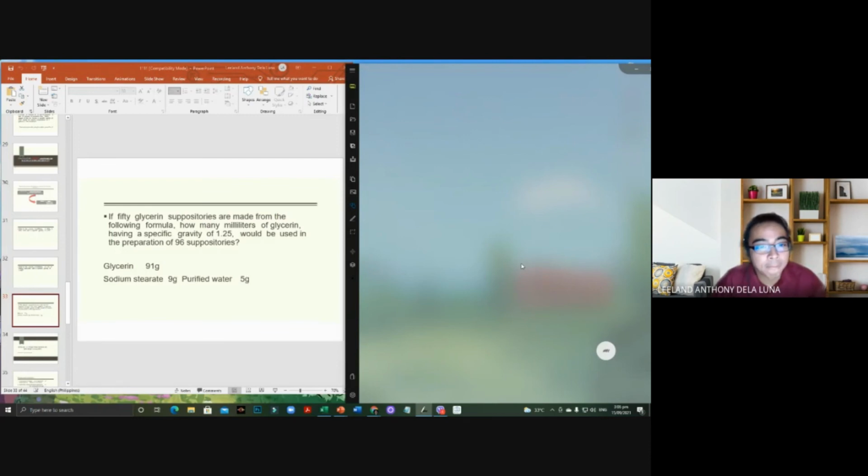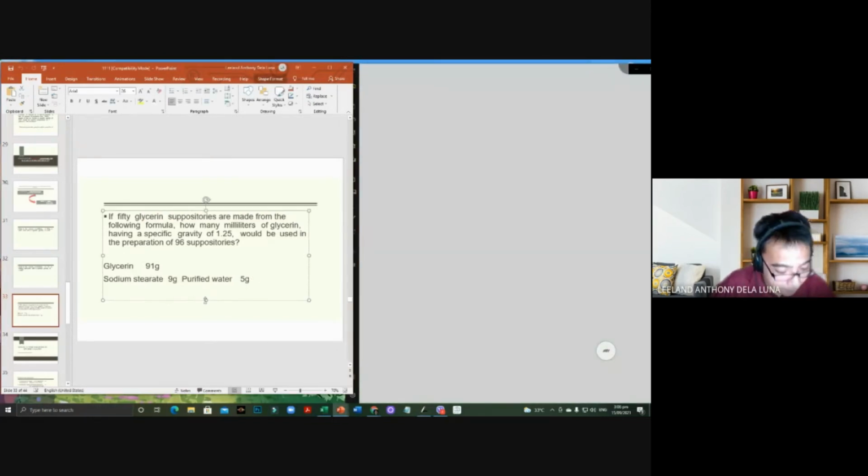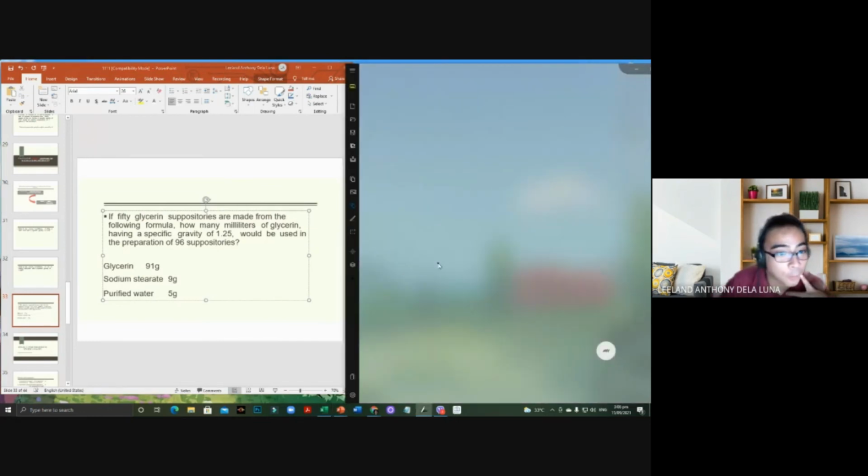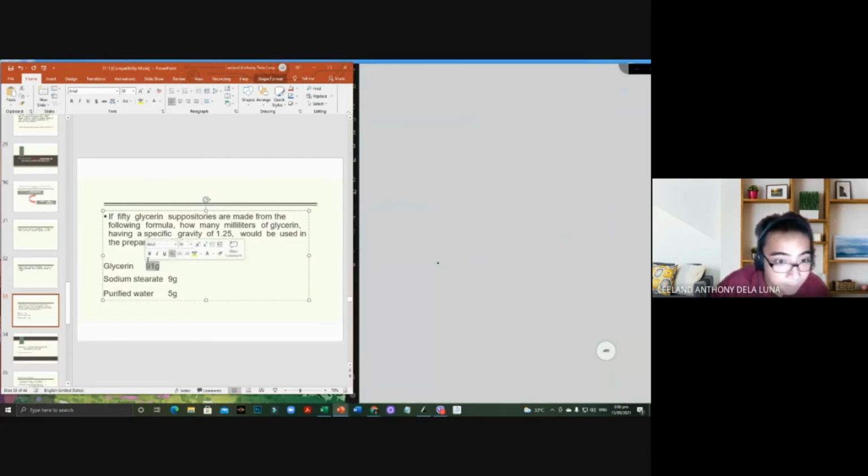Okay. If 50 glycerin suppositories, ito, mag-ratio and proportion ulit tayo. Okay, just like what we did a while ago. If 50 glycerin suppositories are made in the following formula, which is this one: glycerin 91 grams, sodium stearate 9 grams, tas purified water QS add 5 grams.